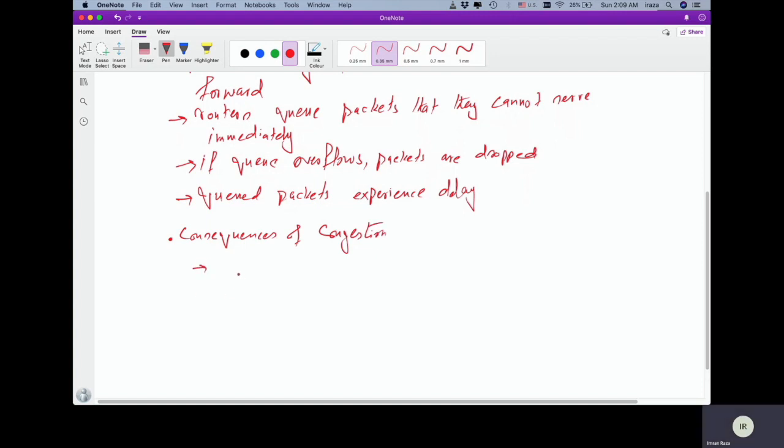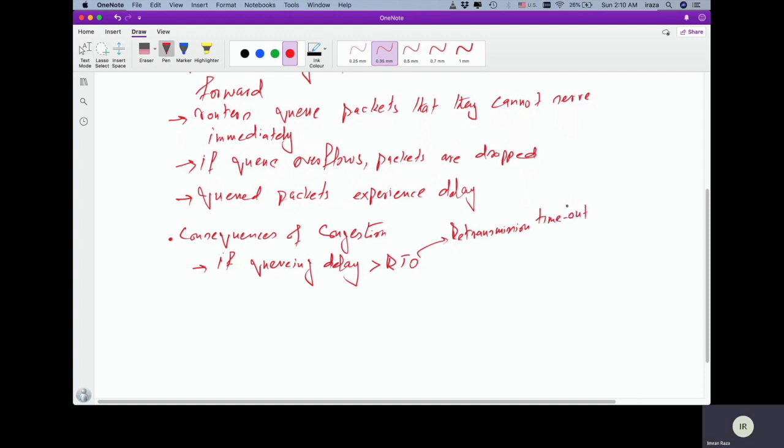What if the queuing delay, which is the time that a packet has to wait inside the queue for its turn, is greater than the RTO, the retransmission timeout?